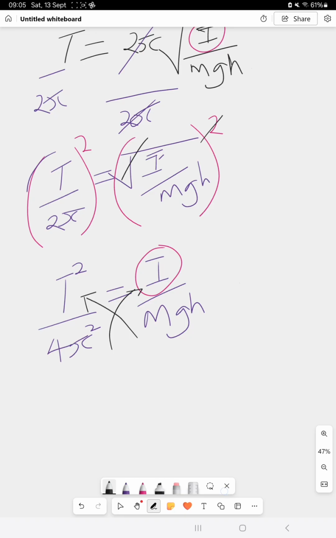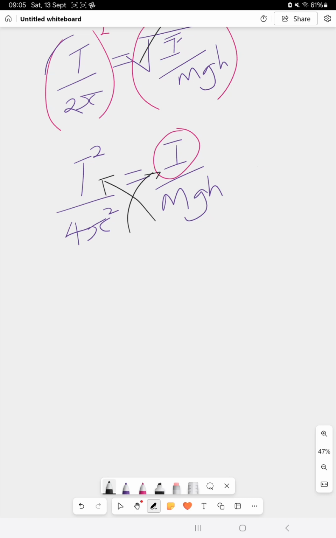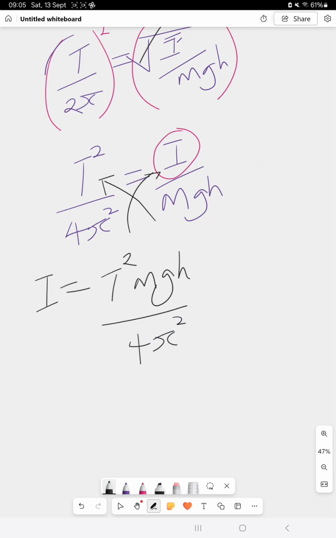Now I'll have I is equal to t squared mgh over 4 pi squared. Now, what are the units of time?